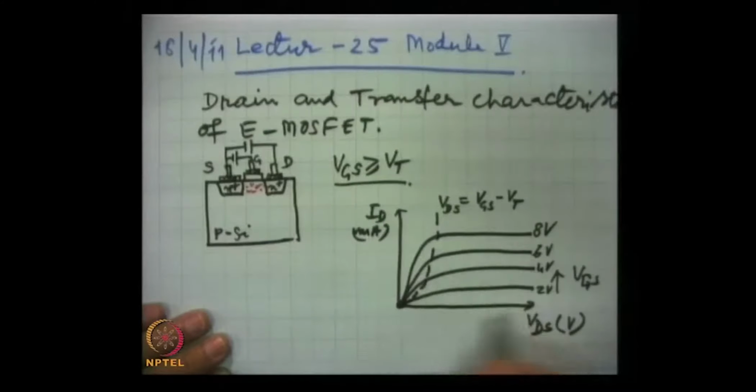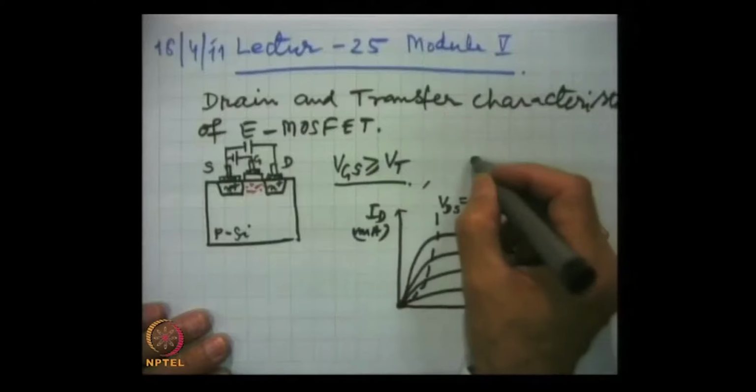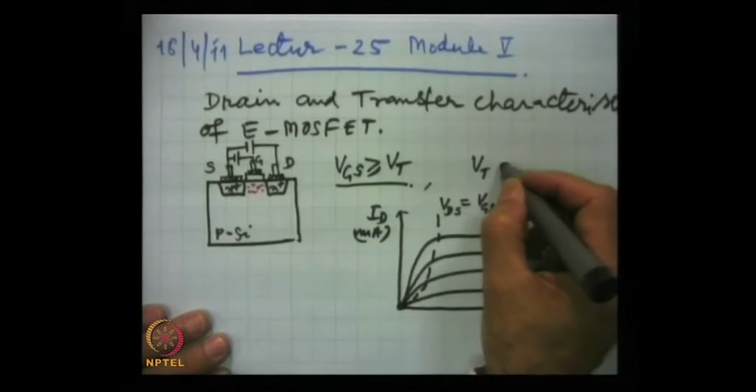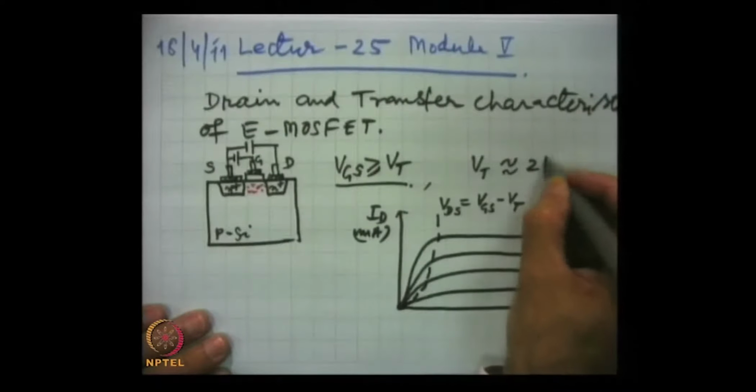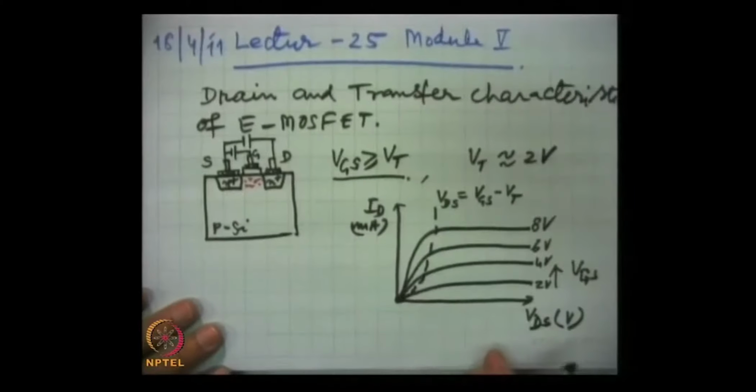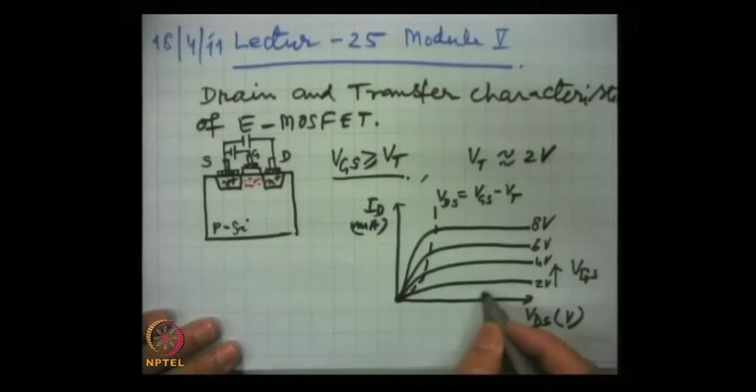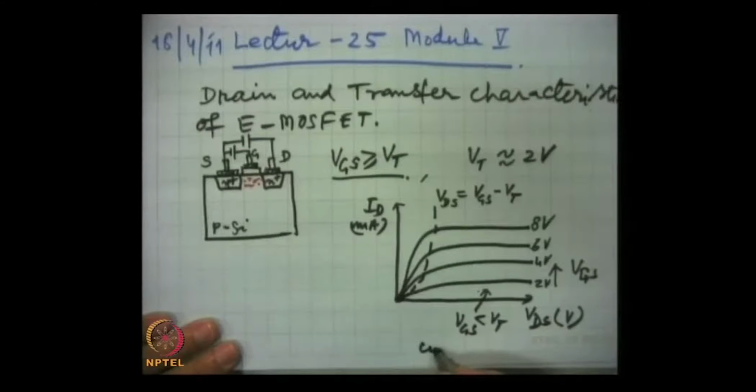And now these are 3 regions. Normally this threshold voltage VT is of the order of 2 volts or less, and so this region is where VGS is less than VT, and this is the cutoff region.